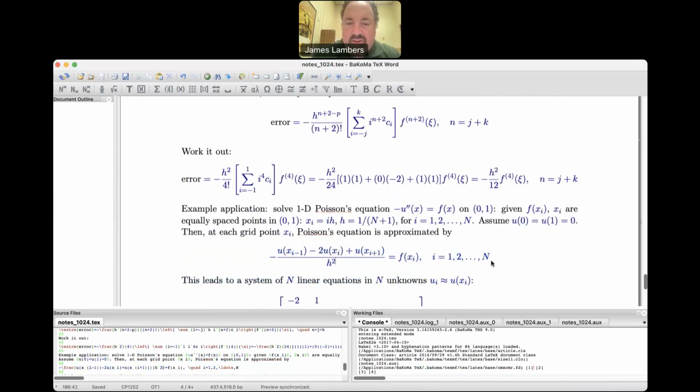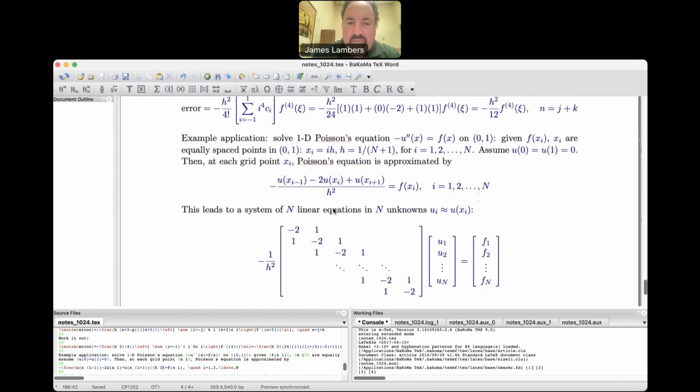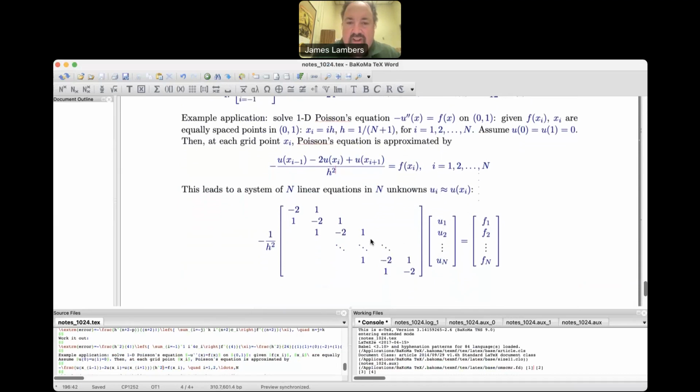So I put them all together, and I get a system of n linear equations in n unknowns. My unknowns are u1, u2, up to u capital N, that are approximations of u evaluated at x1, x2, up to x capital N. So I'm going to go ahead and solve a system of equations.